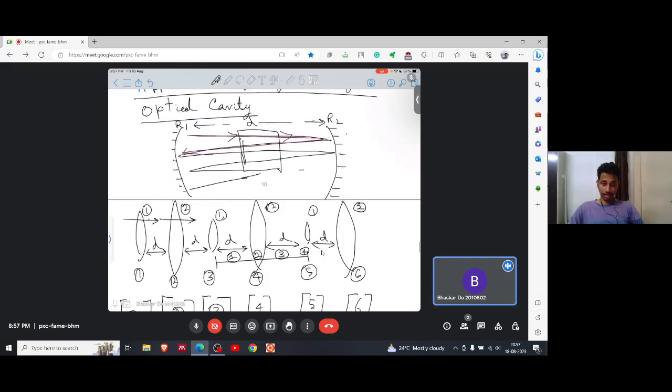In an optical cavity the beam is constantly reflecting from one surface and going to another surface, then reflecting from that surface and coming back to the previous surface.